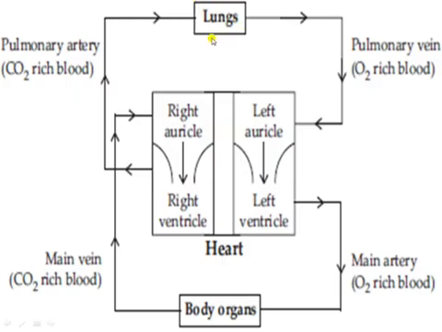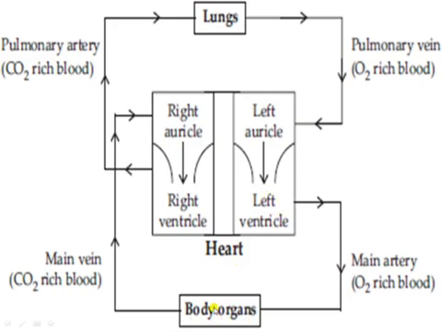Okay, in the same way, from the lungs the oxygenated blood reaches again into the left auricle with the help of pulmonary veins. Okay, from the left auricle this oxygenated blood enters the left ventricle, from where it is pumped to the aorta, and the aorta transports it to all the body organs.